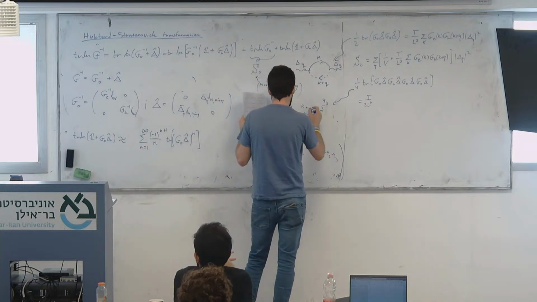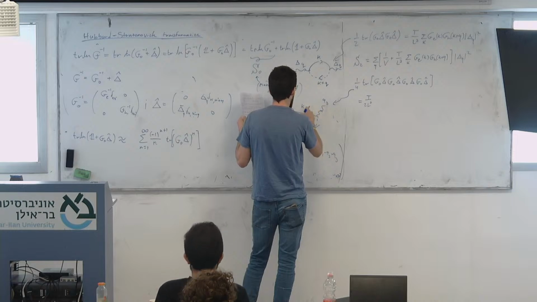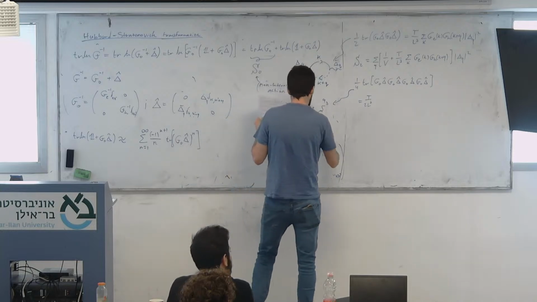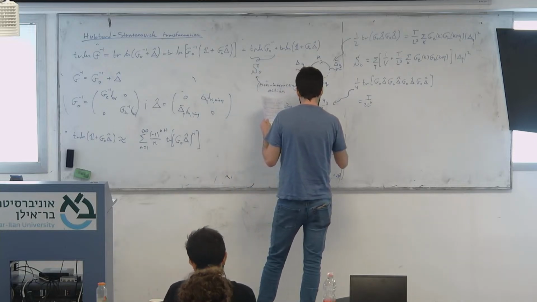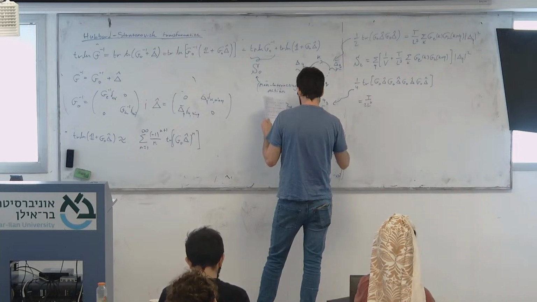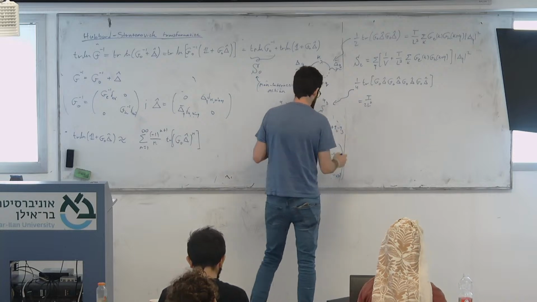This is going to be K plus Q1, minus Q1 plus Q2, and then we have K plus Q1, minus Q1 plus Q2 minus Q3.